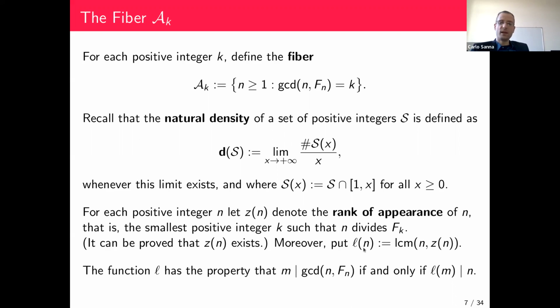Moreover, let's put L of n to be equal to the least common multiple of n and Z of n. The function L is important in this setting because it has this property: every integer m divides the greatest common divisor of n and F sub n if and only if L of m divides n. So we have this important property of L.